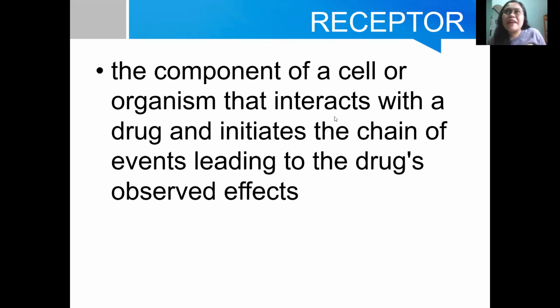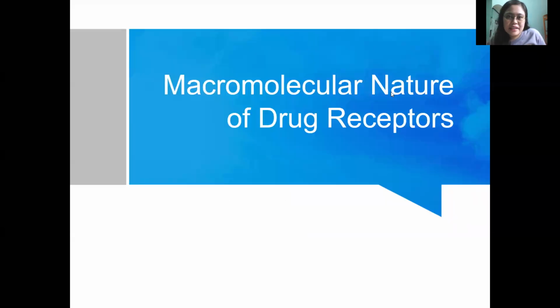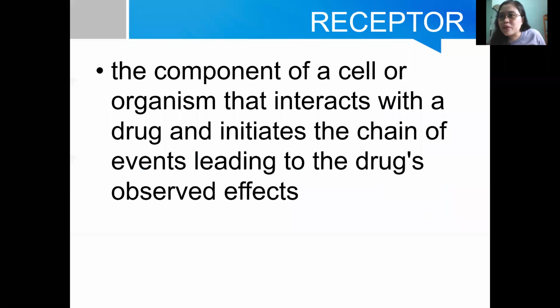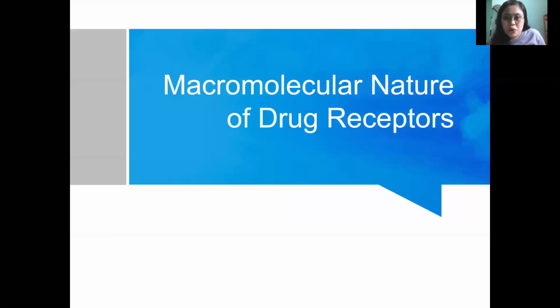Our drugs bind to them, and then after binding there will be a series of physiological events that follow, and then there will be an effect or response in the body. So again, those molecules are called receptors.